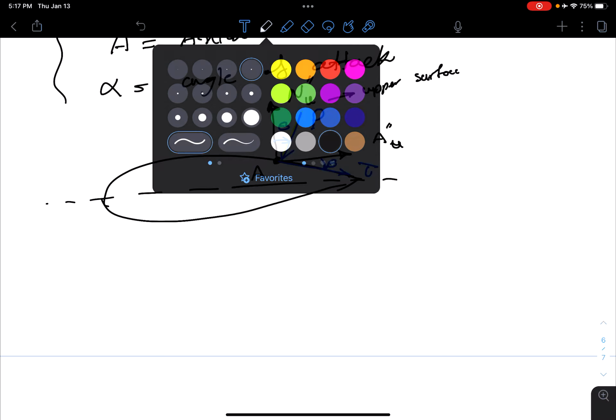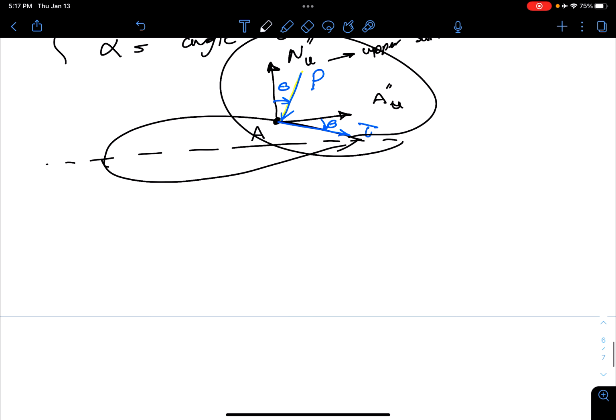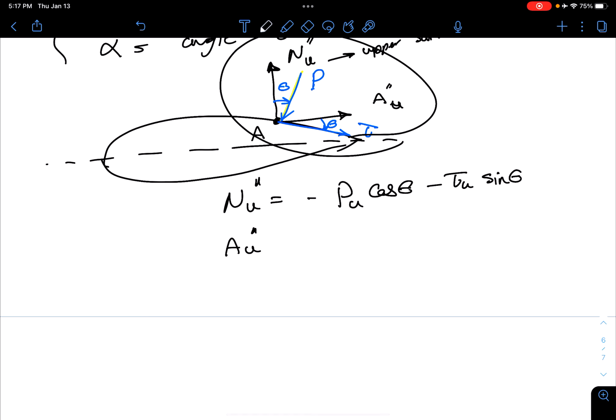Okay, let's go back to color black. So again, there's a trig relationship here for both forces. N double prime U is negative p_U cosine of theta minus tau_U sine of theta. And A double prime U is negative p_U sine of theta plus tau_U cosine of theta.